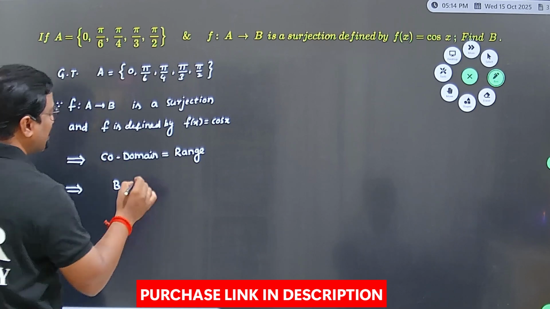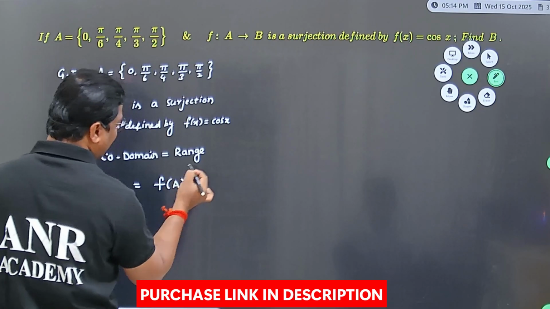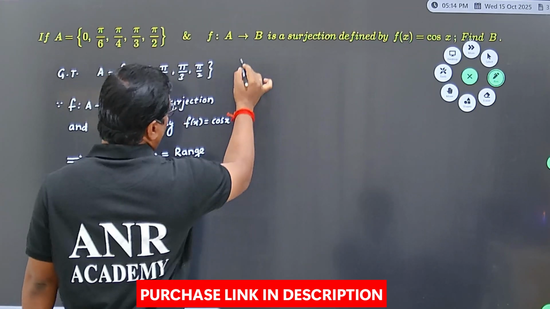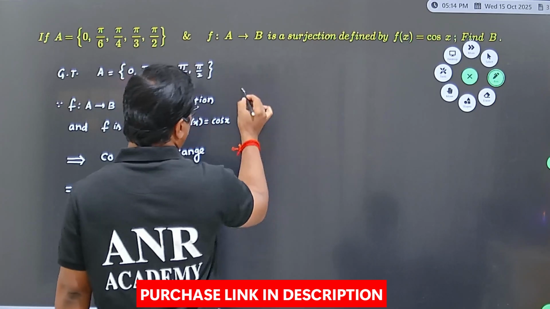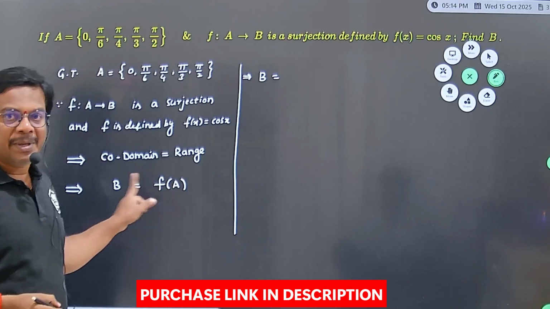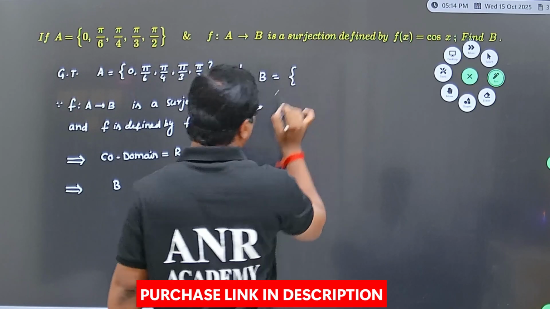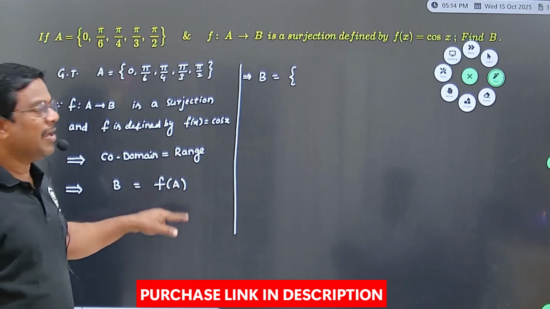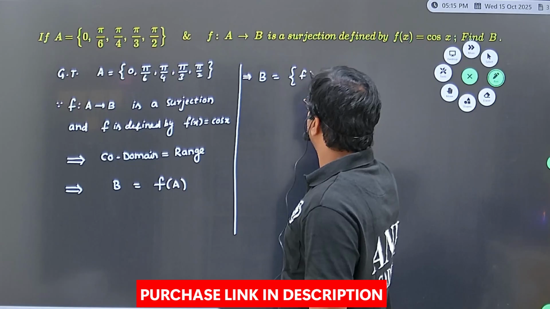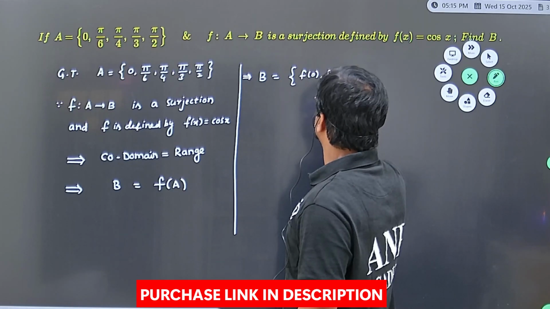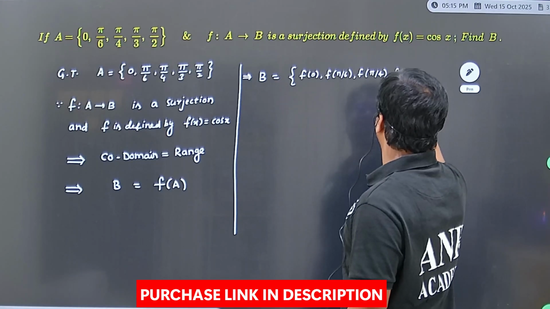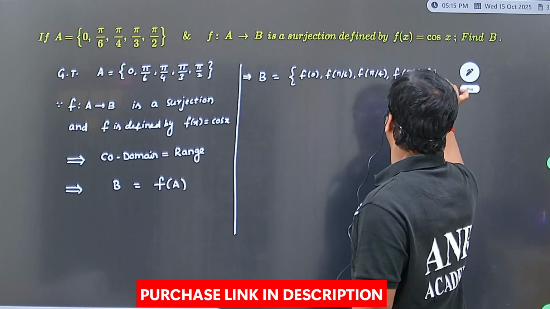Output becomes when you give input to the function, so that it is denoted by f of A. Now the aim is to find B. On continuation, B can be written as, since it is f of A, B is a set, so in set notation I am going to write, and here the entries from f of A, A having all these entries, so you have to write f of 0, f of pi by 6, f of pi by 4, f of pi by 3, comma f of pi by 2.